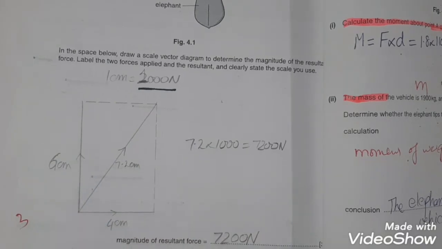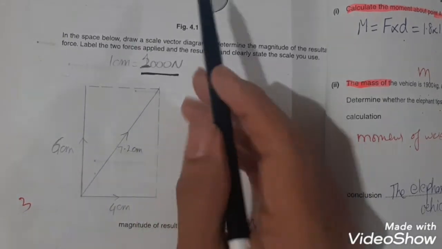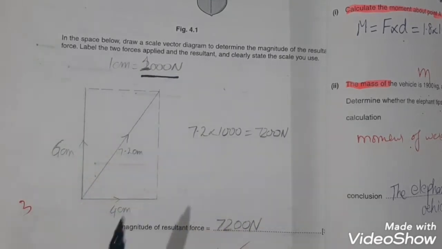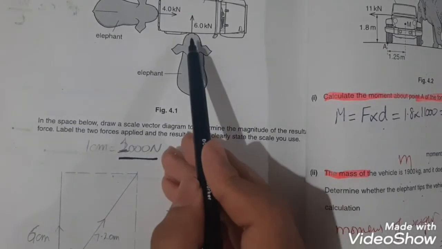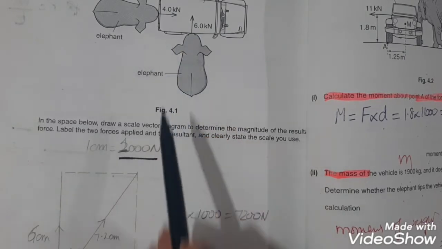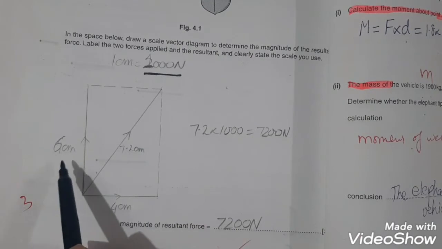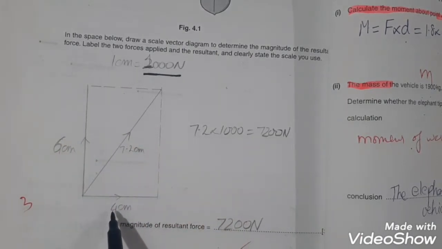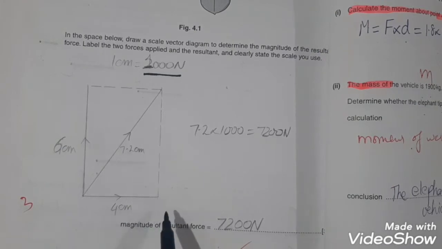So 6 centimeters for 6000 newtons, because if this elephant is exerting 6000 newtons, then divided by 1000 will be 6 centimeters. So 6 centimeters is drawn upwards, and then 4 centimeters is drawn towards the right.